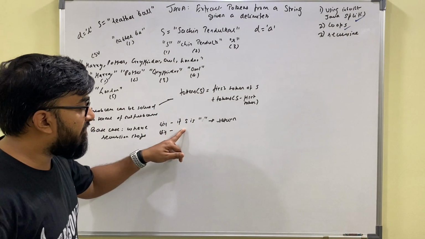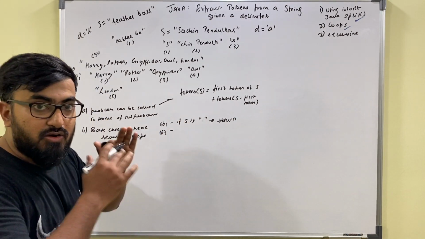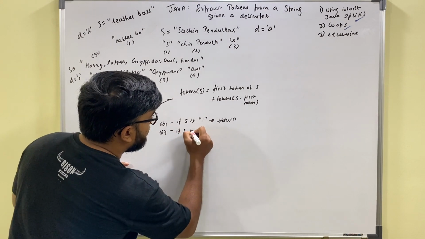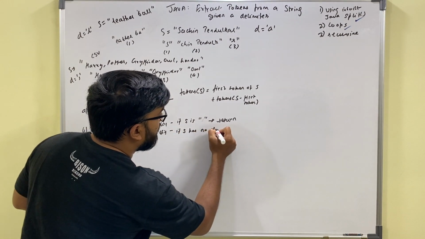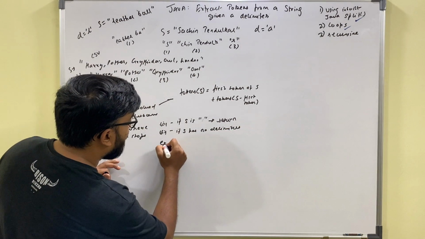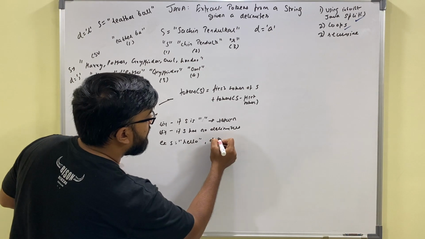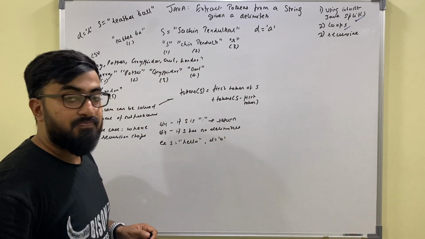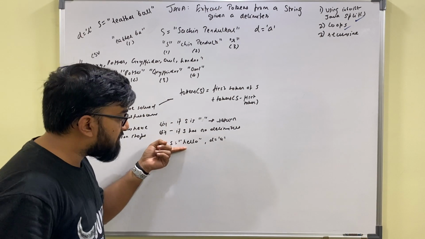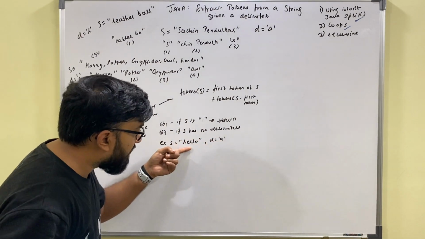Your recursion stops either if s is a blank string, because you cannot get any tokens from a blank string, or if s has no delimiters. For example, if my s is hello and I take my delimiter as lowercase a, this entire string is 1 token and is the only token for this case, because there are no delimiters in this string.